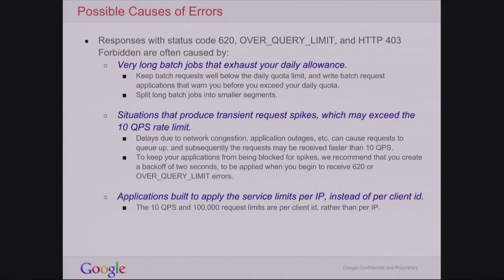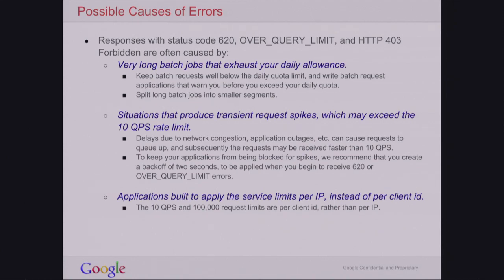Now let's take a look at some typical scenarios that may cause some of these errors to be generated. The first one: when you run long batch jobs and fail to estimate the number of requests that you may end up making for a particular web service within a 24-hour period, you may very easily exceed the QPD allocation for the day and hence end up generating the over query limit, which after a while will block any further requests for a longer period of time.